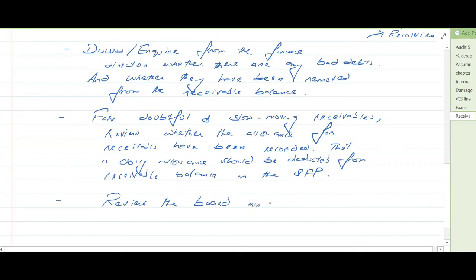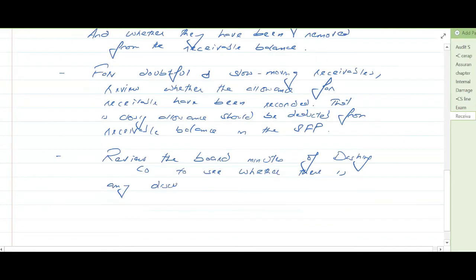Review the board minutes of Dashing Company to see whether there is any discussion on disputed receivables and what action has been taken against that.